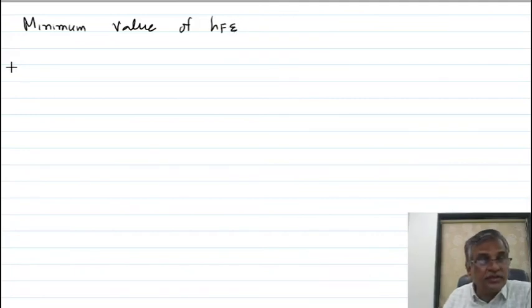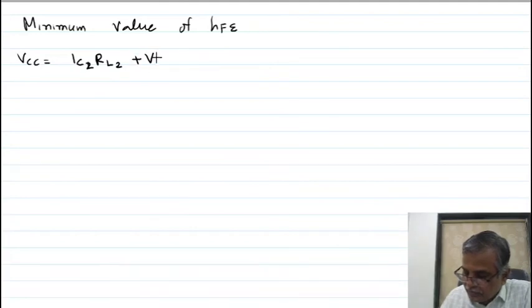When Q2 is in an on condition, at that time you can write this value. At the same time you can also write this.